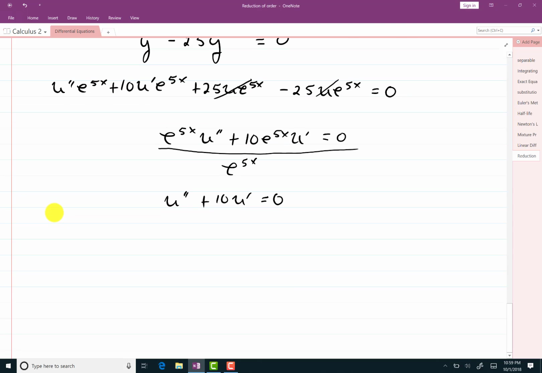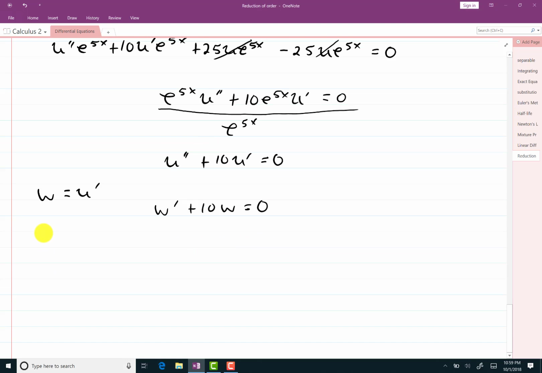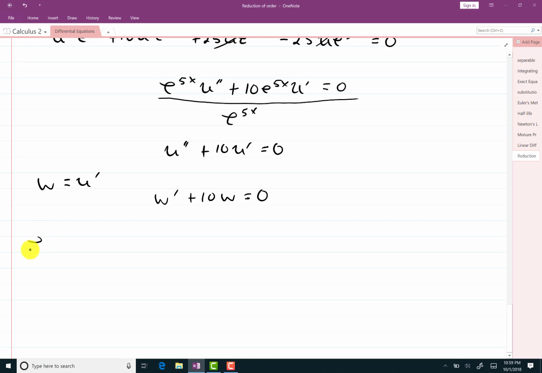Next step, make the substitution w equals u prime. So we get the equation w prime plus 10w equals 0. And our integrating factor then is e to the integral 10 dx equals e to the 10x. Multiply the whole equation by that, you get e to the 10x w prime plus 10 e to the 10x w equals 0.